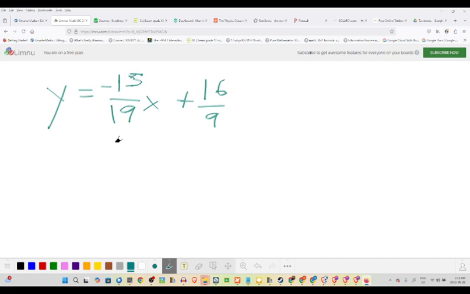So 19 times 9 will give us 171y. And negative 15 times 9 is negative 135x, where the 19 just canceled. And then on this one, the 9 will cancel. We have 19 times 16. That is 304.